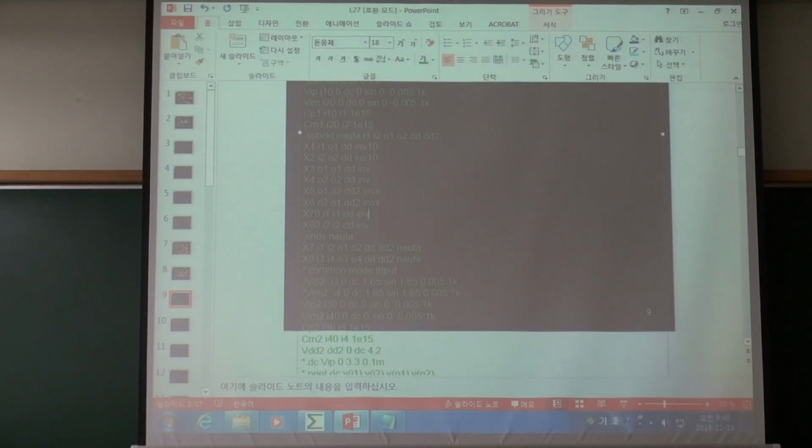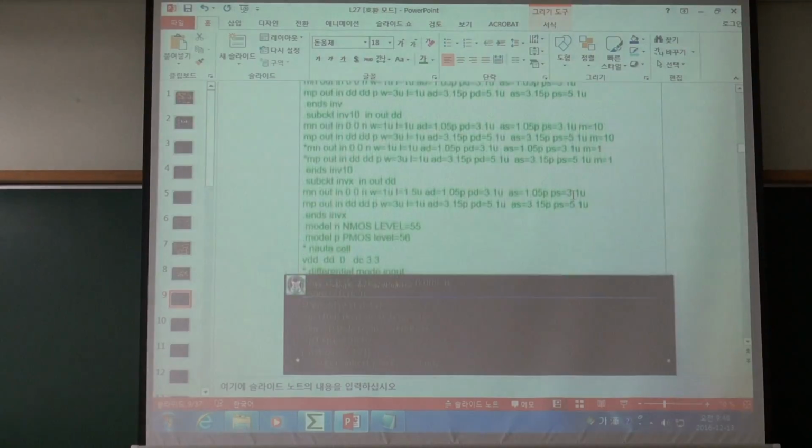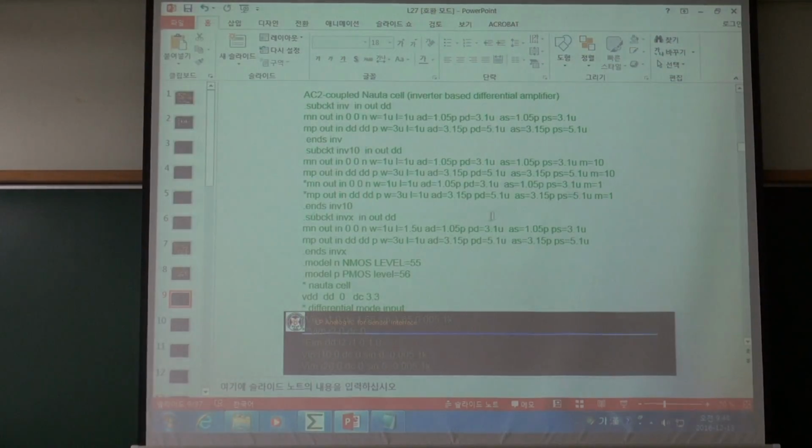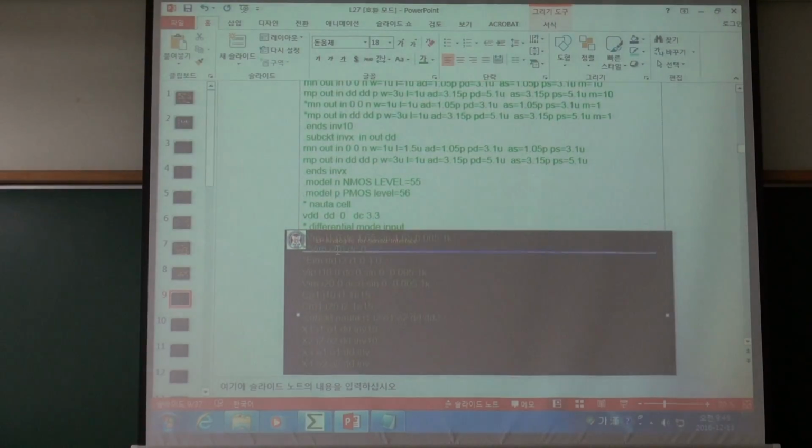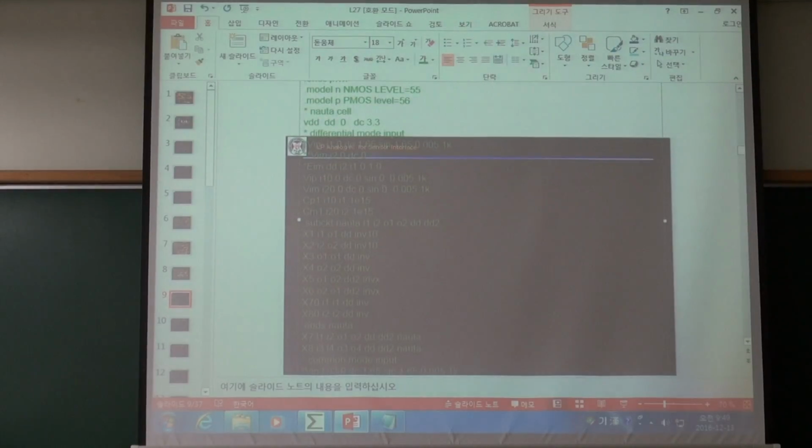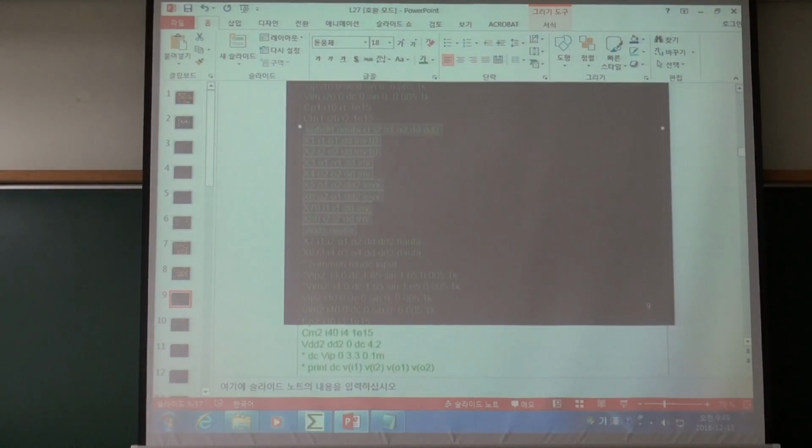All right. Can I slide down my code? Oh, maybe not. Too long code, right? Okay, let's just look at this one. Yeah. So I want to find my nota cell call. So this is my nota cell's description, right? So I called my nota cell.